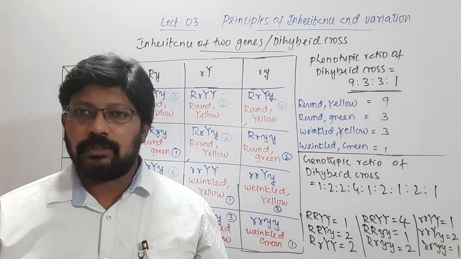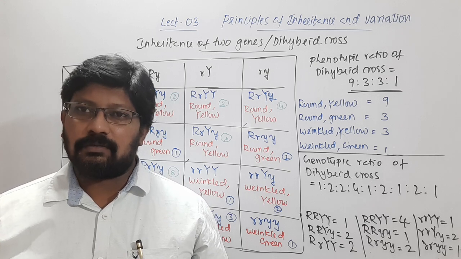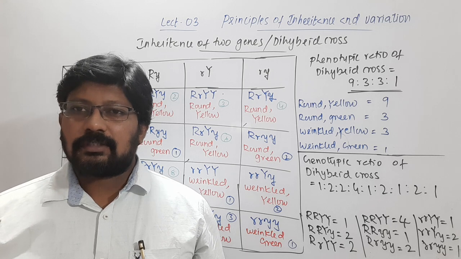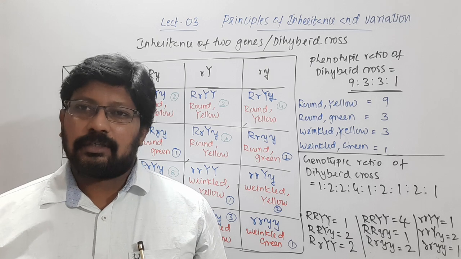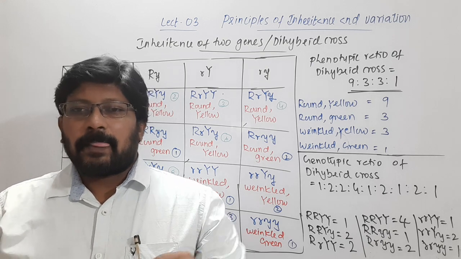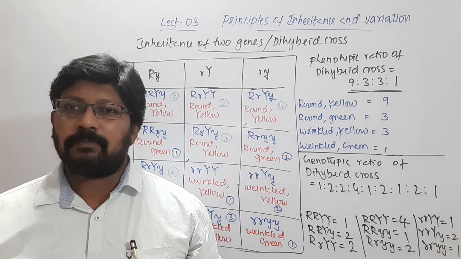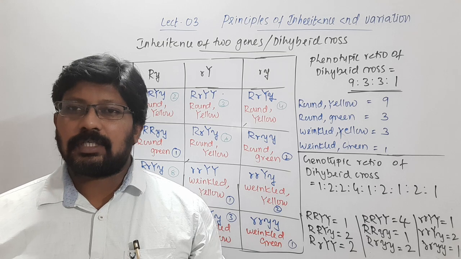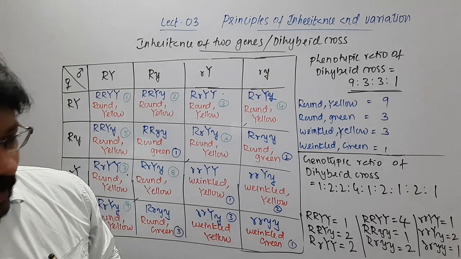Already I have shown you how to perform the test cross, and we have seen the monohybrid test cross. So if you have understood it, just try to find out the dihybrid test cross ratio.